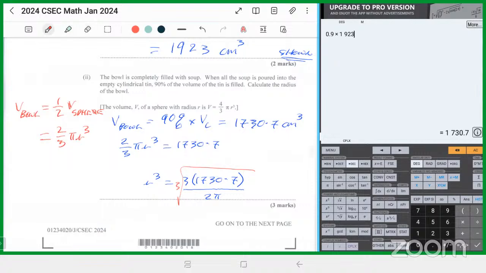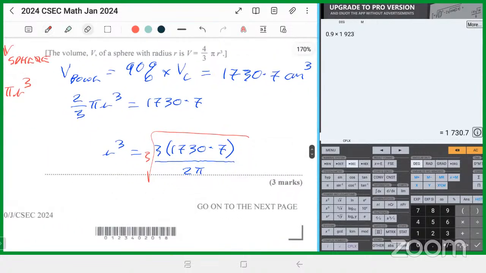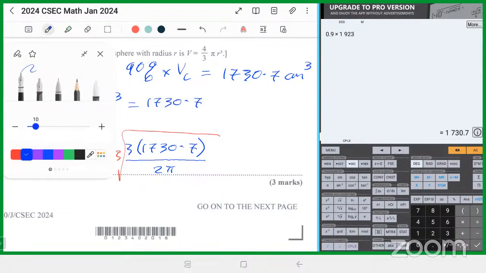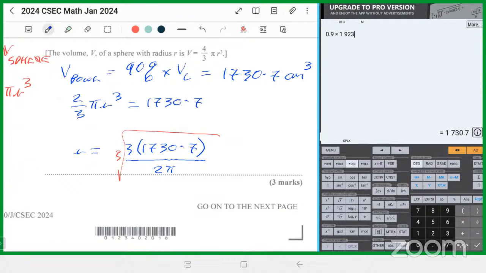Let me take out the cube. So the r is just going to be equal to that. So that's what I'm going to put in my calculator to get the answer. Let's just write this a little bit better. So the r is going to be equal to the cube root. I hope you saw that the transposition gives a cube root.